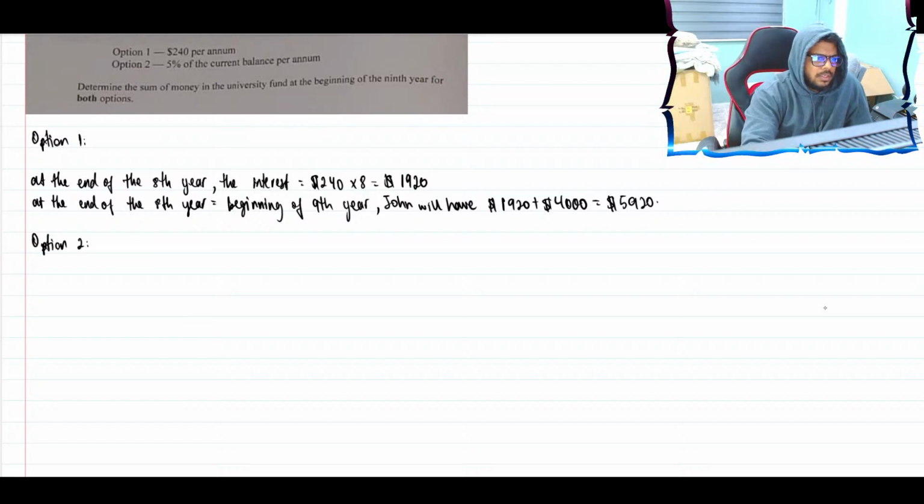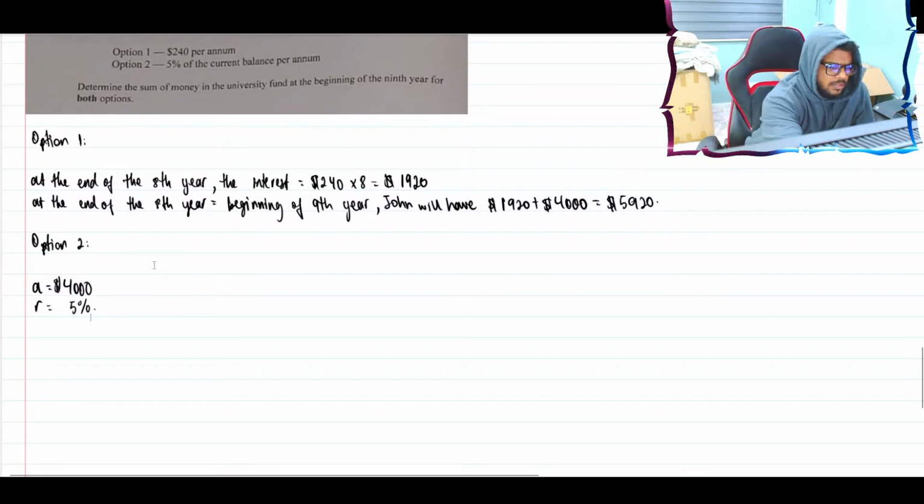So for option 2, 5% of the current balance per annum. Let me say A is equal to $4,000. R is 5%. Now, there is a compound interest formula, right?